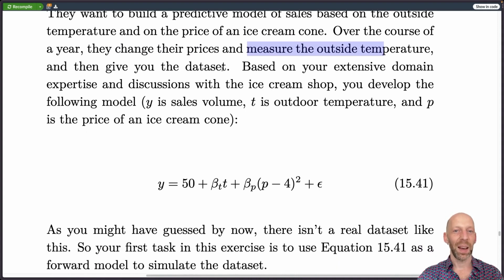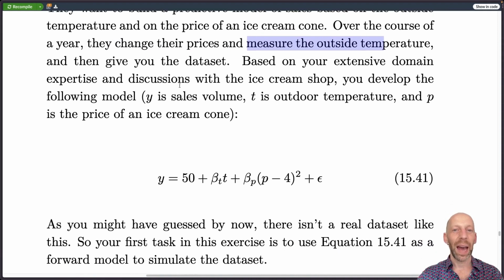Then basically you have to analyze those data. There are 3 parts to this exercise. The first part is to simulate the data. The second part is to analyze the data with a regression and confirm that the beta coefficients you get match the simulated parameters. And the third part of this exercise is to perform interpolation or predictive modeling.